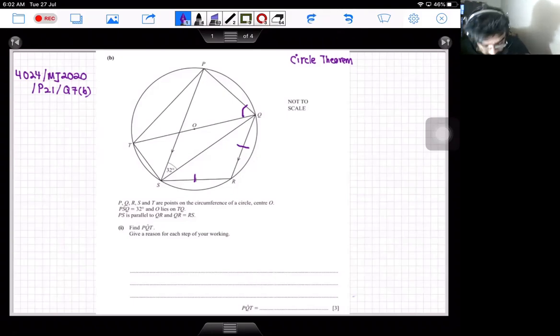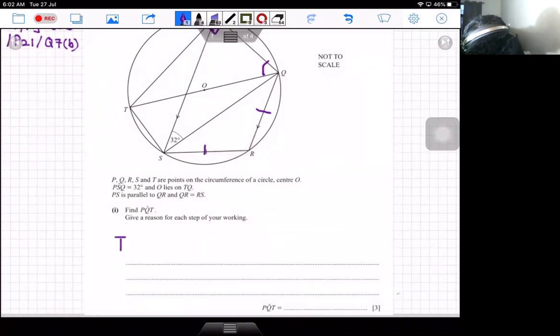First of all, what you know is that angles subtended by the diameter and produced at the circumference of the circle are equal to 90 degrees. So you can state that angle TPQ is equal to 90 degrees. Why?